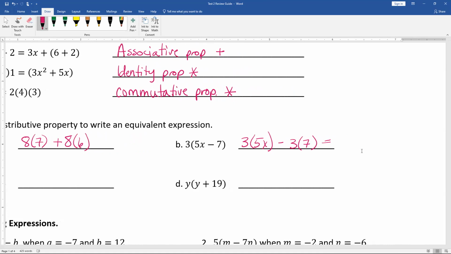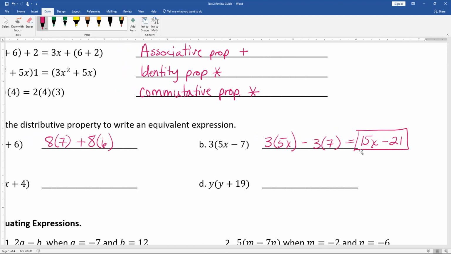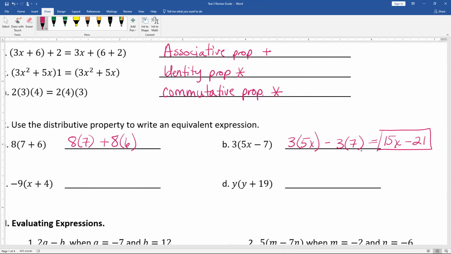Yeah, get rid of the parentheses. 15x minus 21. Yep, that's still an expression. We've got multiple terms.